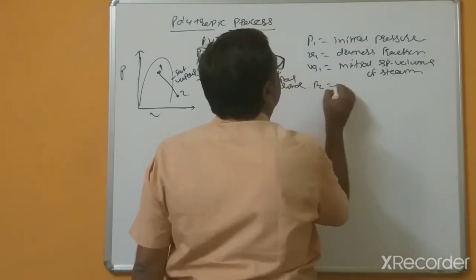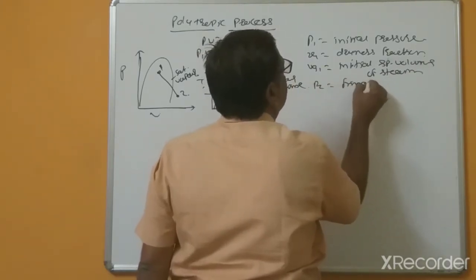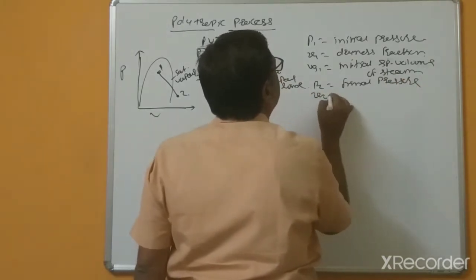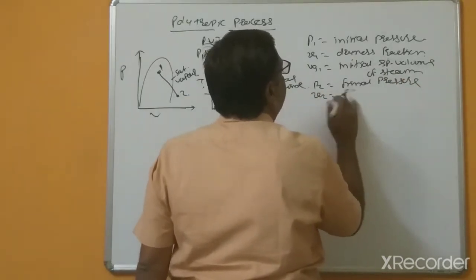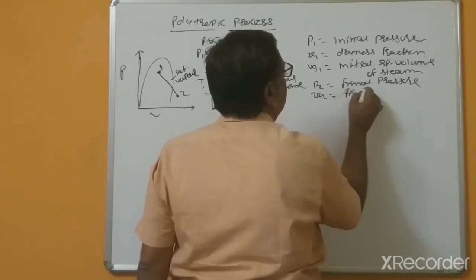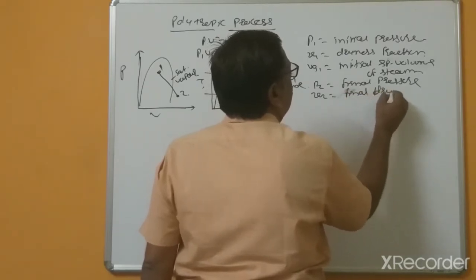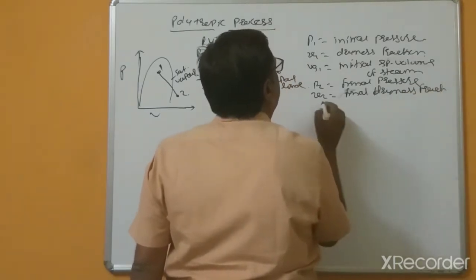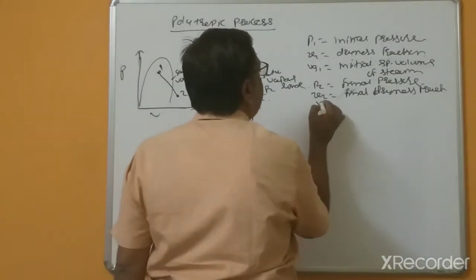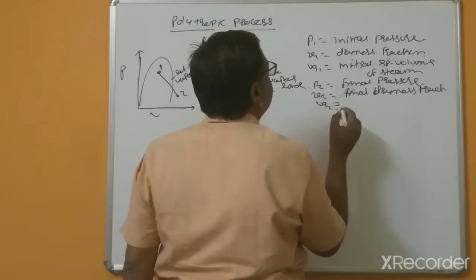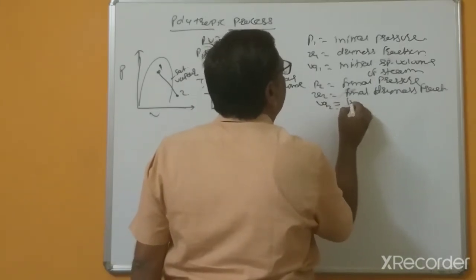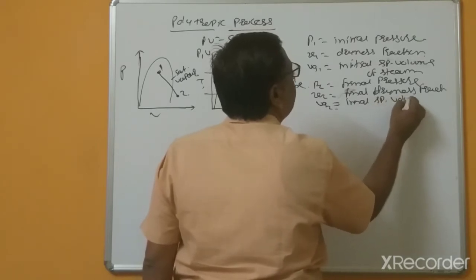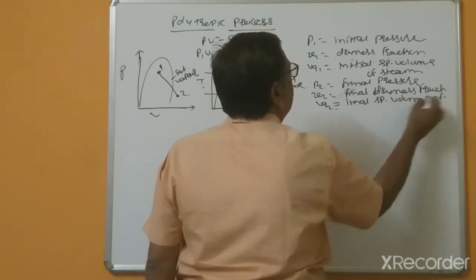Similarly, P2 is the final pressure, X2 is the final dryness fraction, and Vg2 is the final specific volume of steam.